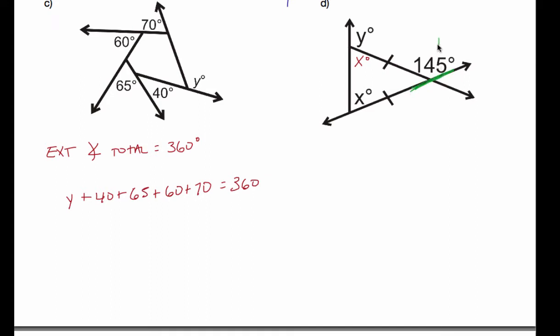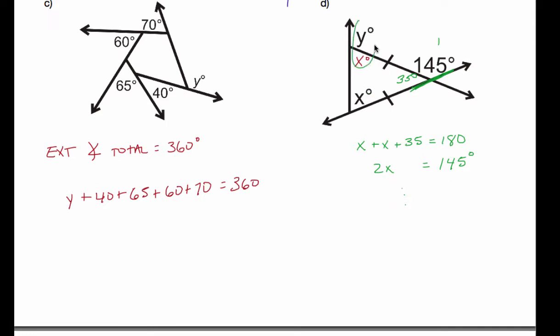So if this is 145, then that means this one's got to be 35 degrees, right? Well, the total of these three is 180. So x plus x plus 35 is 180. Okay, so 2x equals 145. Follow that down to find x.